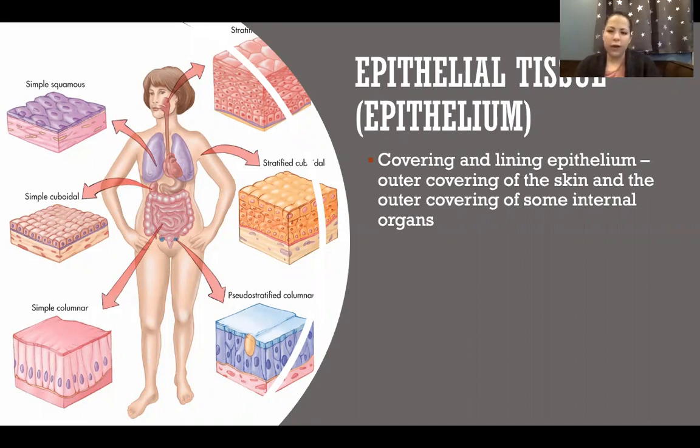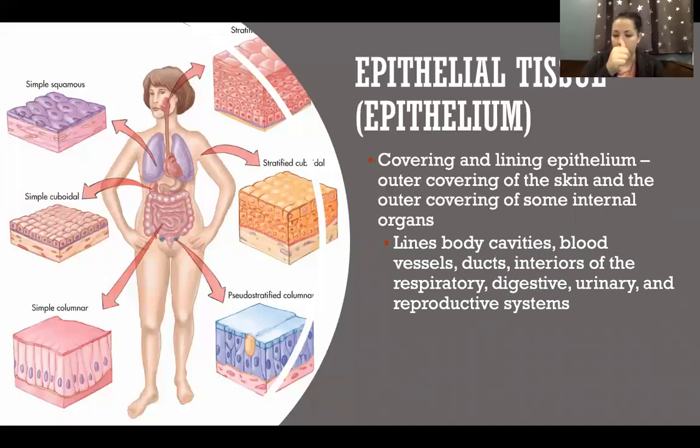We have covering and lining epithelium, which is epithelium that is the outer covering of the skin and the outer covering of some internal organs, but also the lining of many of our structures and body cavities. So anywhere that we have an outer covering of something or an inside lining of something, that is always epithelial tissue.